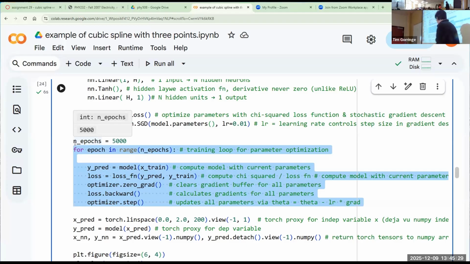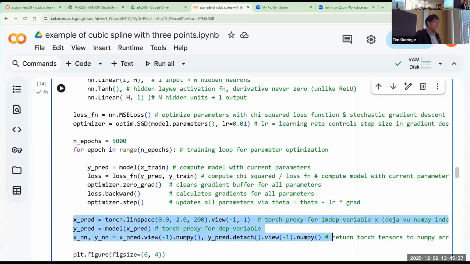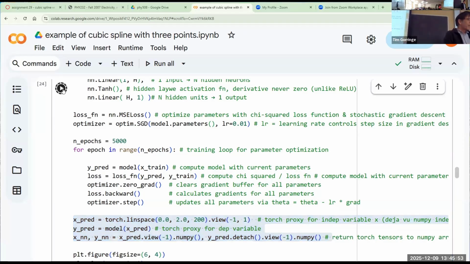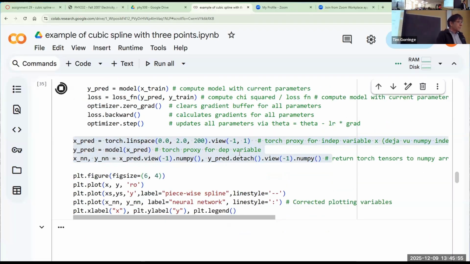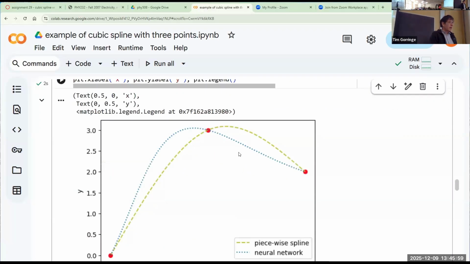And so when I did that, this here is just a detail. Remember at the very beginning, I had to convert my X and Y arrays into the language of torch. The output of torch, I converted back into the language of X and Y arrays. That's all this is. But anyway, when I run this, the result is this blue dashed line.